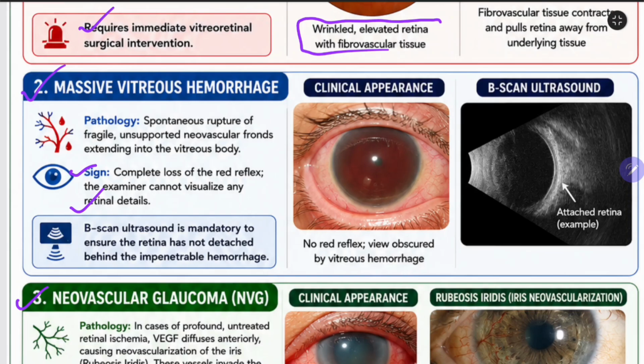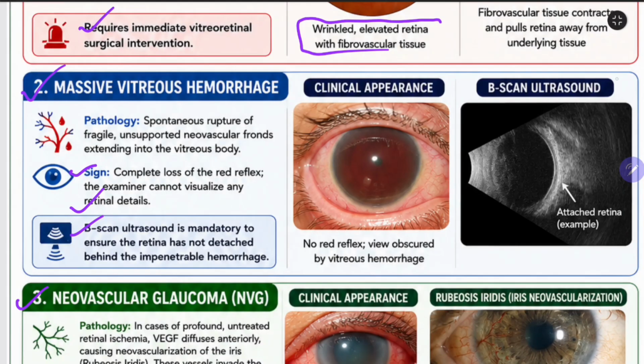So any patient who is not having red reflex on fundoscopy and he is coming with loss of vision, then suspect massive vitreous hemorrhage or some dangerous pathophysiology which is happening, and immediately order B scan ultrasound. That is mandatory to ensure that the retina has not detached behind the impenetrable hemorrhage.